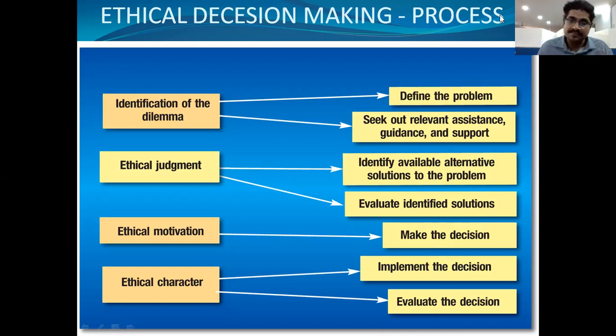So either it may be problem solving or opportunity achievement, in a profitable manner. For these two purposes, we have the same steps and the same ethical judgments. So this is all about the decision making process in an ethical way, right? This is ethical decision making.